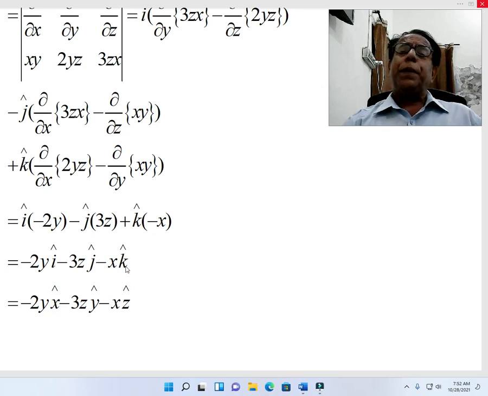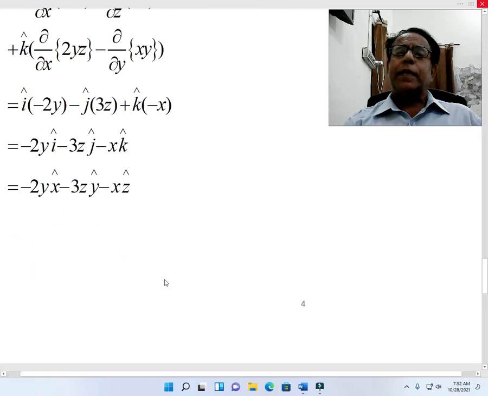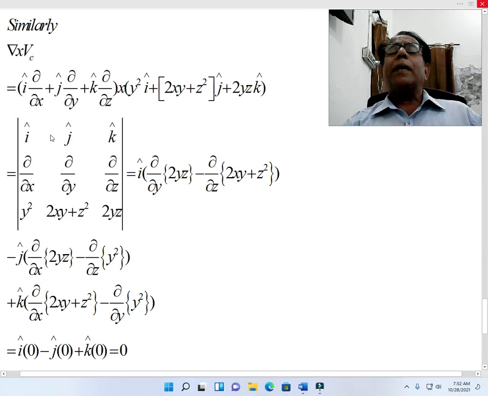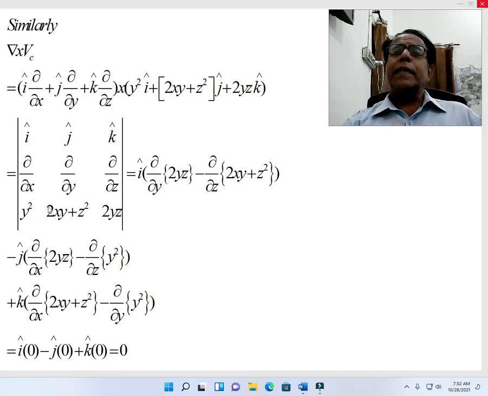And as per the pattern of the problem, we again replace i, j, k with x unit vector, y unit vector and z unit vector. Similarly, part c, that is del cross vc equal to the same. In place of f1 y square, in place of f2 2xy plus z square, and in place of f3 2yz. Once again with i unit vector plus sign, with j unit vector minus sign, and with k unit vector plus sign.